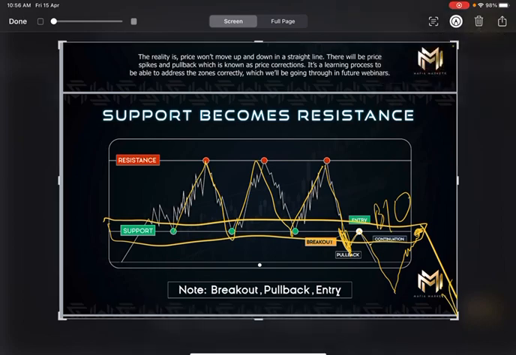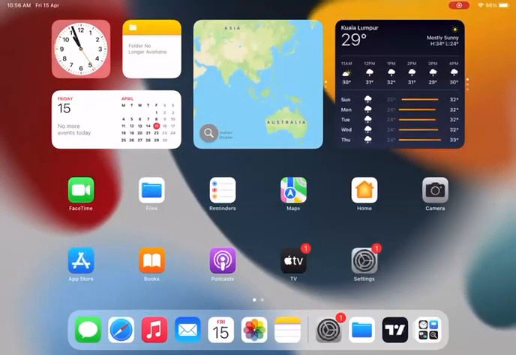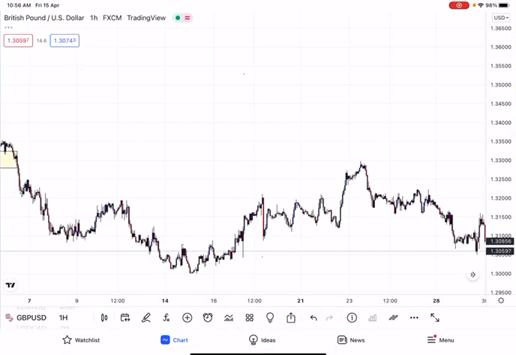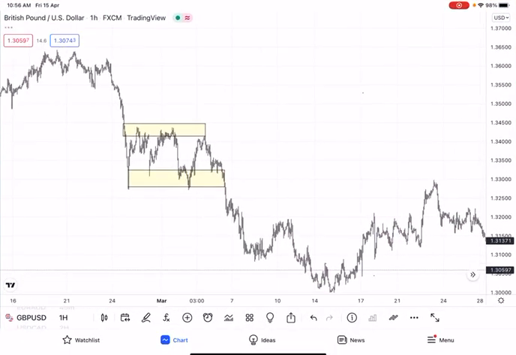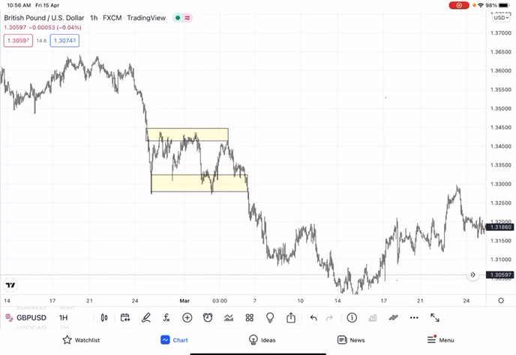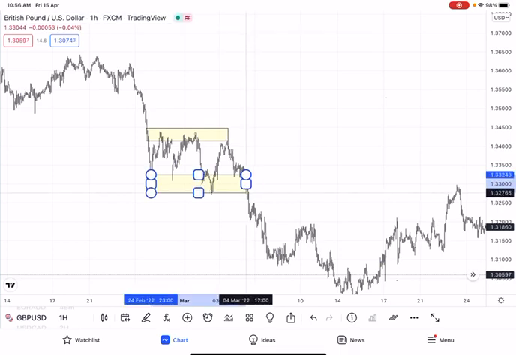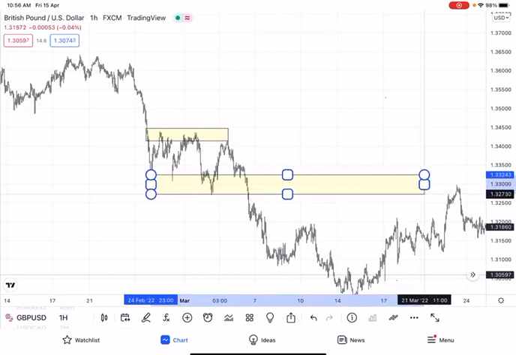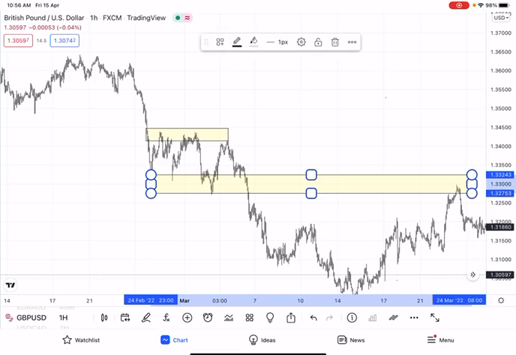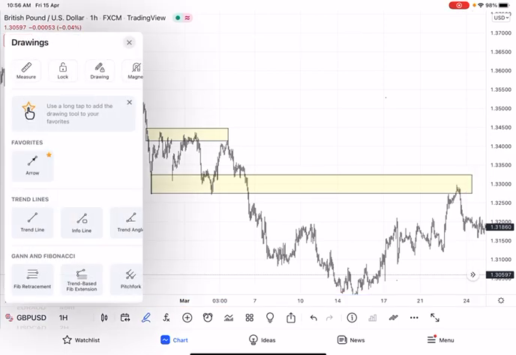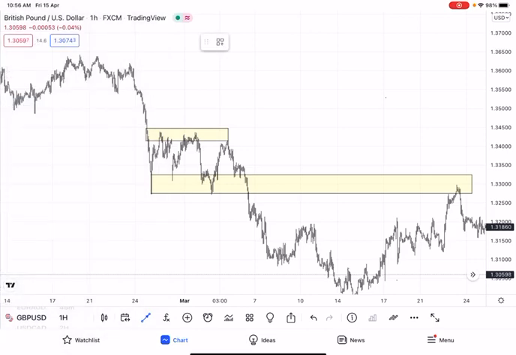Have a look at the chart. We will use the same example, I believe. Okay. Have a look. Let me mark that. If you drag your zone further, you will see that the price broke that support right here. And this is your breakout.